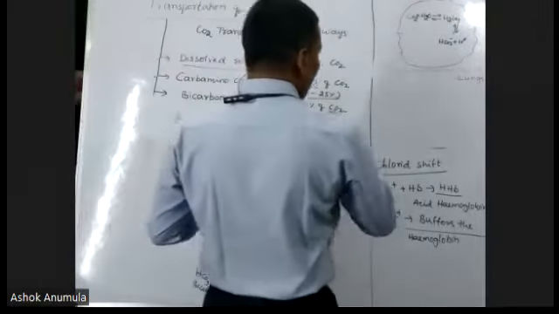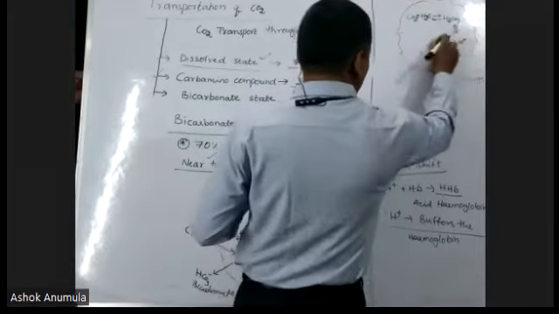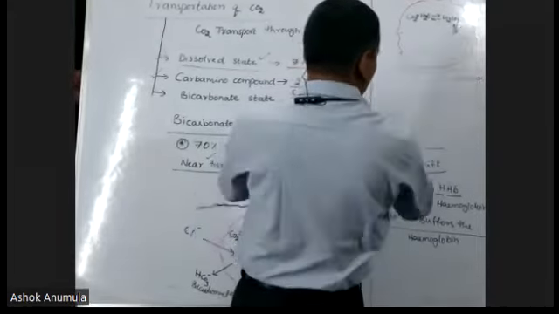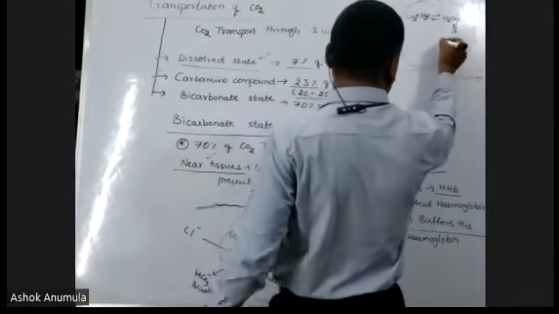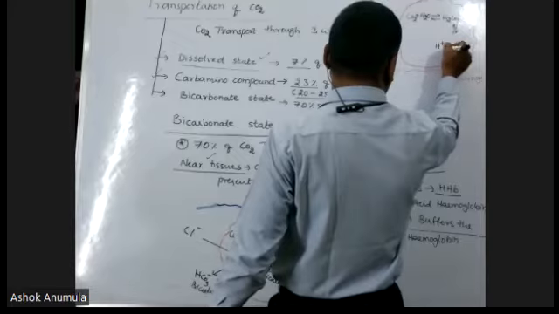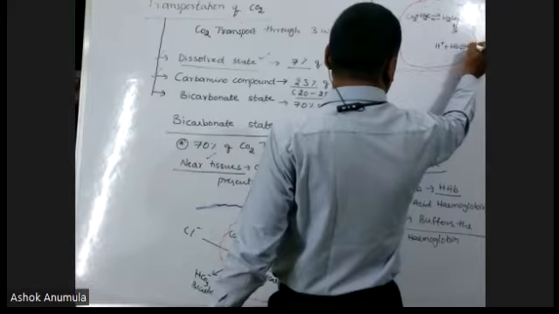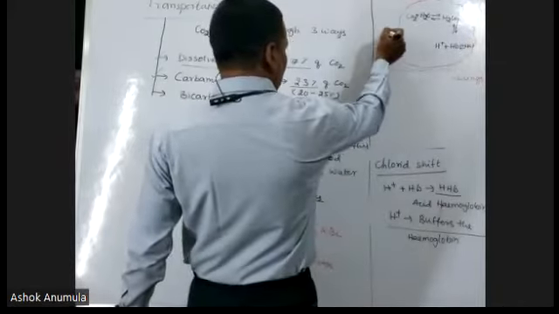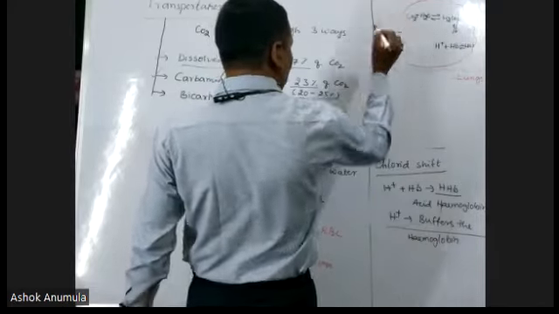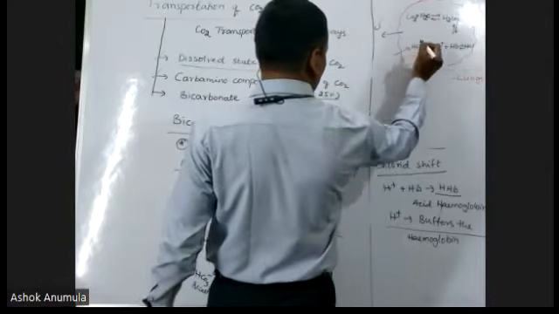But when it reached the lungs, near the lungs, the H plus combines with Hb and develops into HHb. When it reaches the lungs, immediately the chlorine comes outside. The HCO3 minus enters inside.